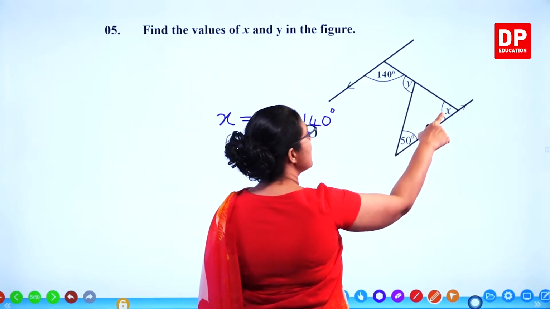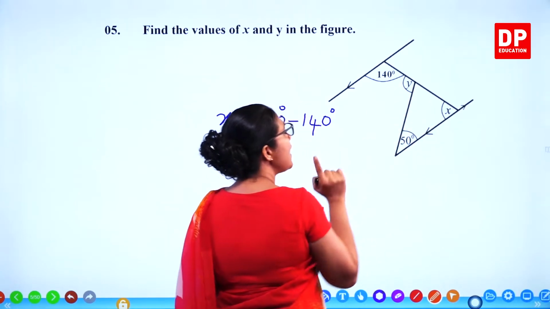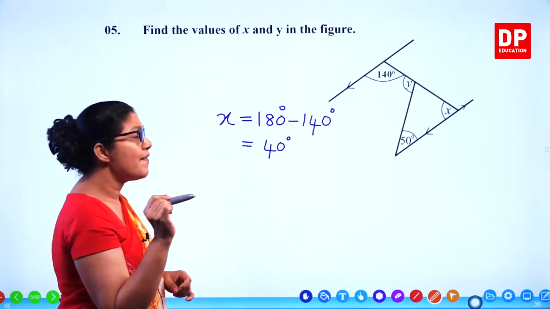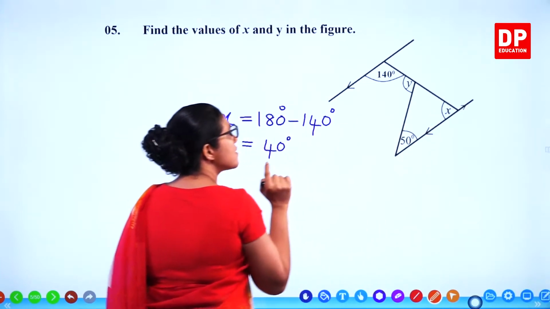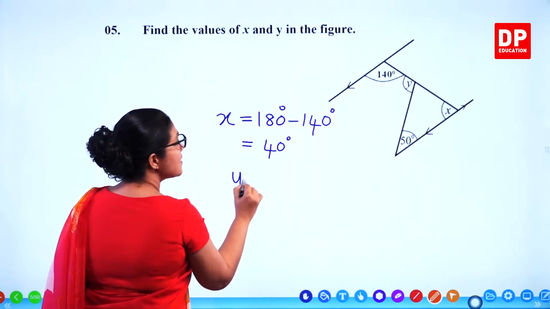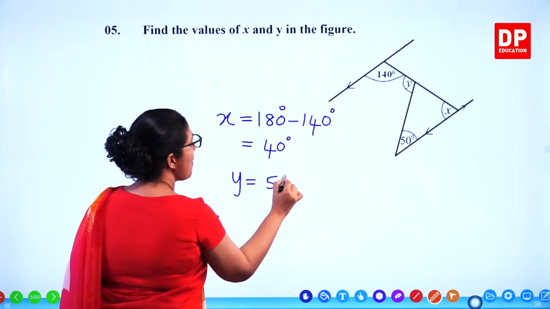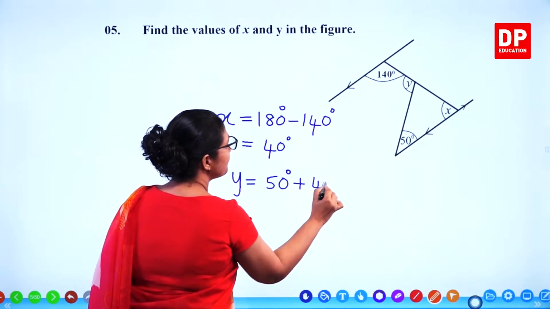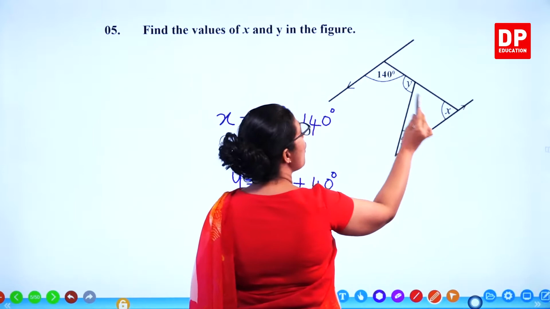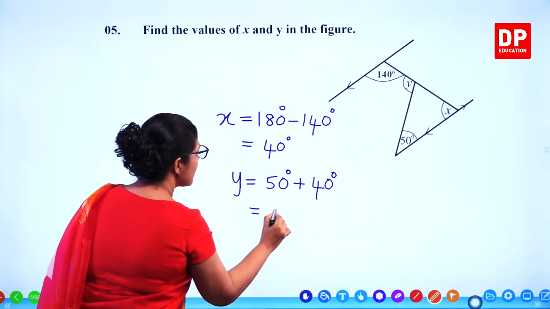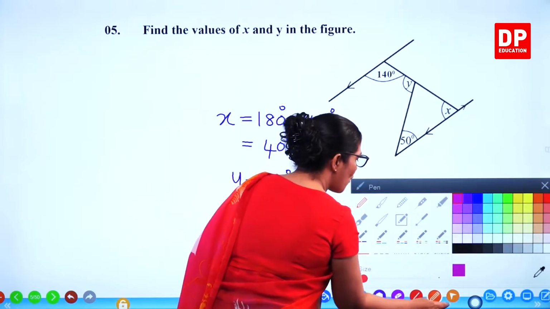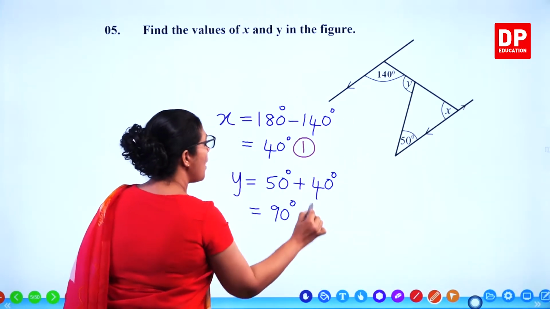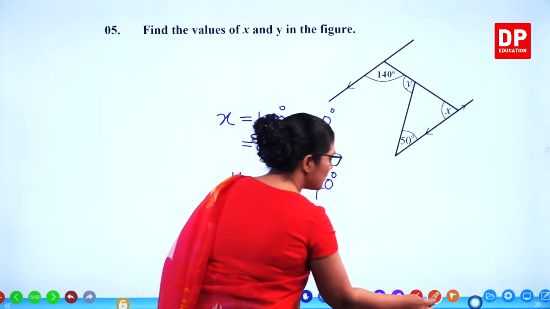So this is 40. What can you say about the y angle? Y angle is the exterior angle. That's the sum of the interior angles. So y is 50 plus 40, that's 90 degrees. So you get 1 mark for finding x, 1 mark for the y value.